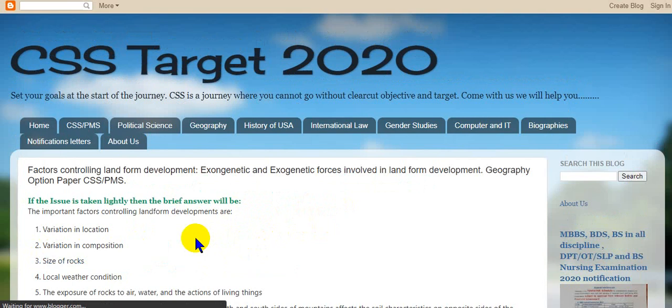What is landform development? Factors controlling landform development, and the exogenetic and endogenetic forces involved in landform development. These are the main headings of this topic.